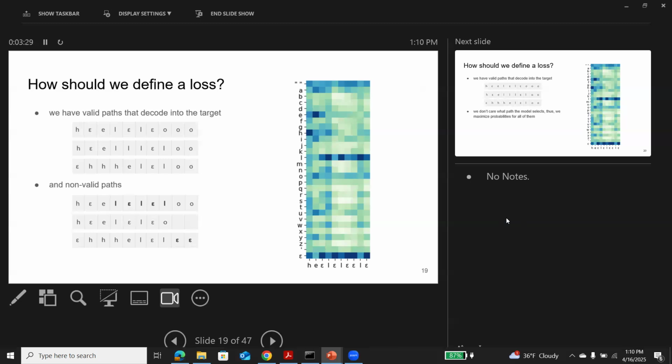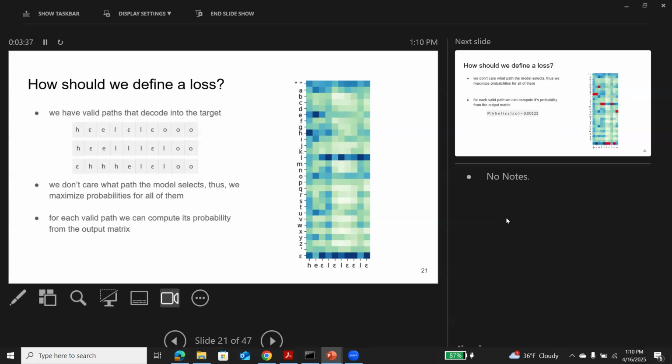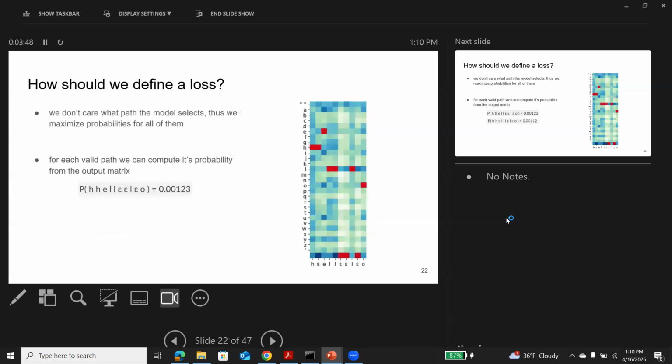So we want to work only with valid predictions. And here the so-called CTC loss comes into play. So it's called connectionist temporal classification loss.